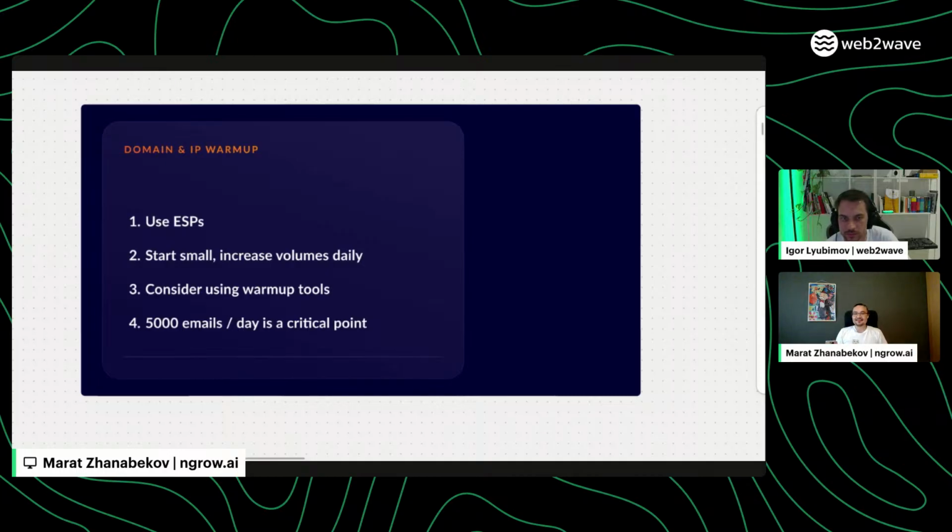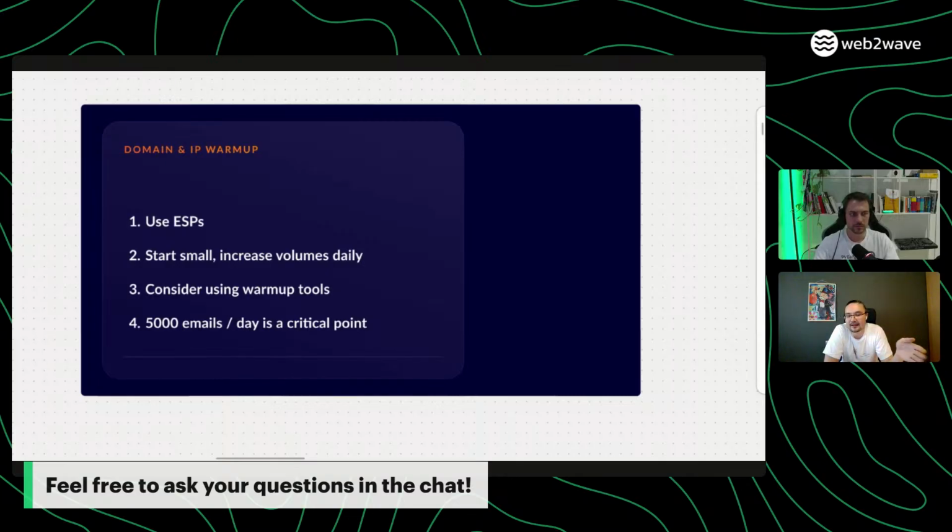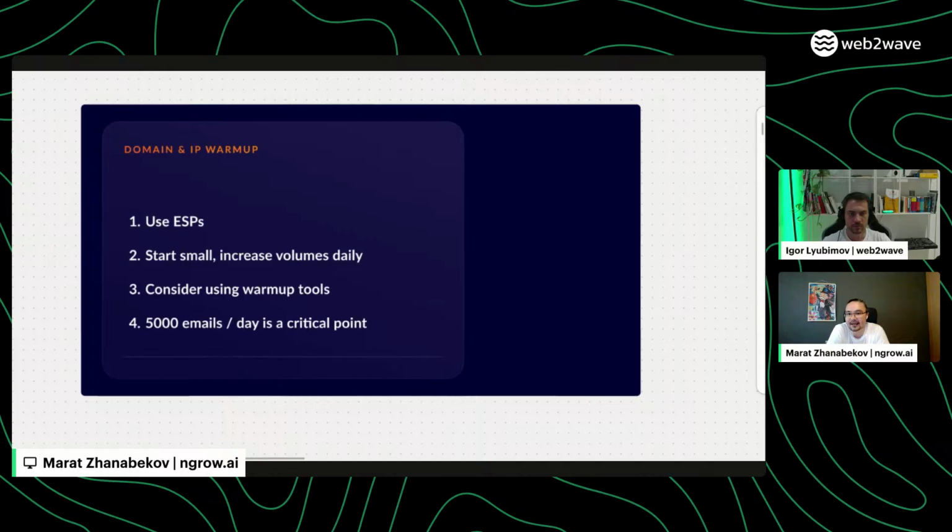In emails, all the strategies have some stochastic nature, right? So what works for one product might not work for another. That's totally normal. But in general, the trend is that if any hack or any feature worked for 3 out of 4 apps, it most probably will work for you. Not necessarily, but most probably.